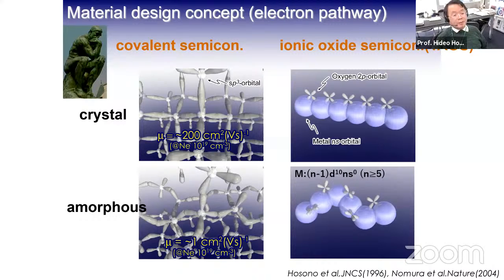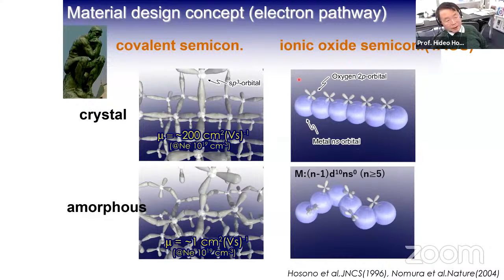Okay, so this is a transparent oxide semiconductor. The oxide ionic nature means that the conduction band minimum electron pathway is totally different from the top of the valence band hole pathway.